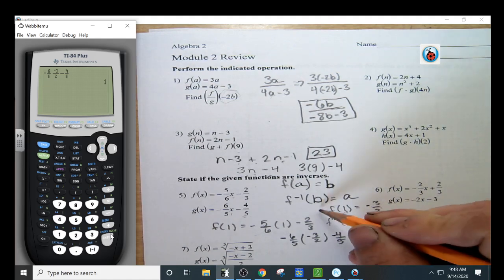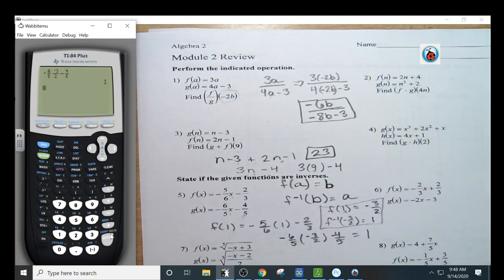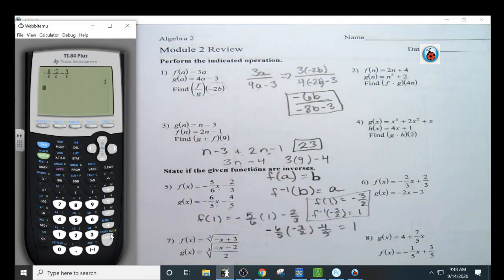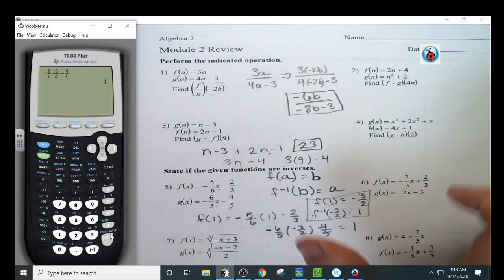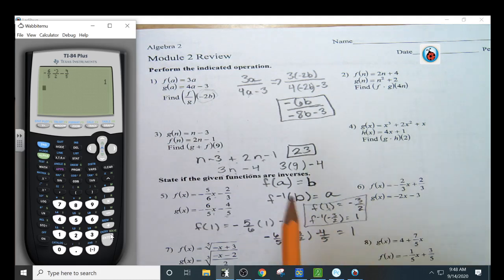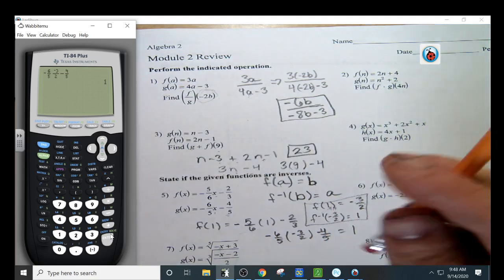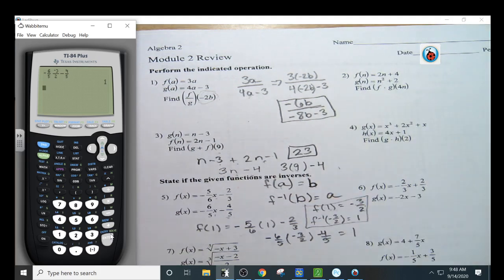Now, guys, looking at this right here, does that prove that those two are inverses? It does, because if you think about it, guys, our A here was 1. There was no rhyme or reason why I chose 1. Well, the reason I chose 1 is because 1 is a small number and it's easy to work with.